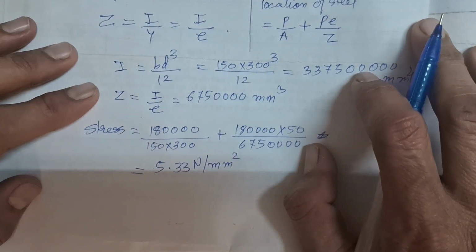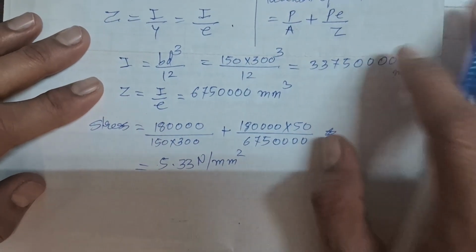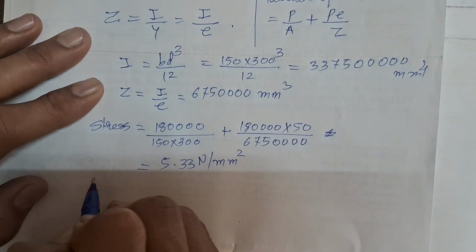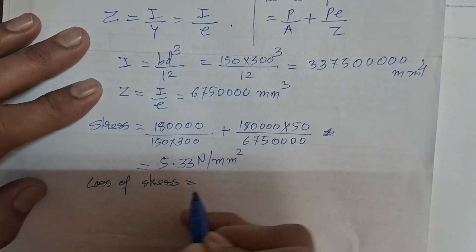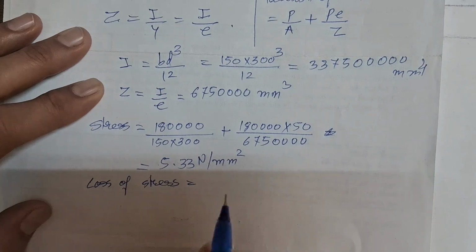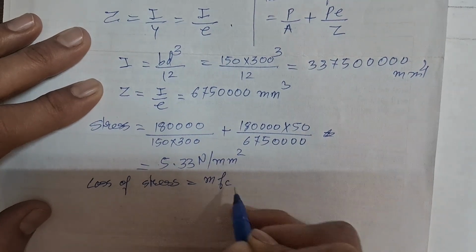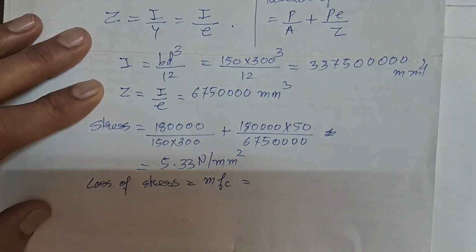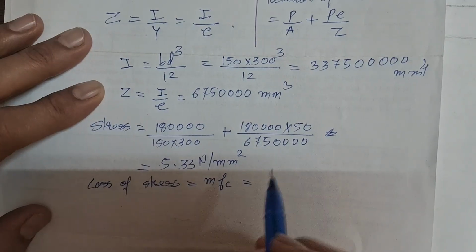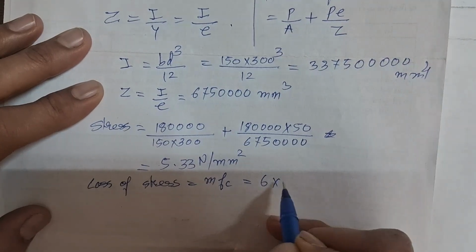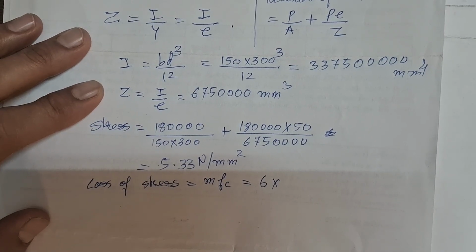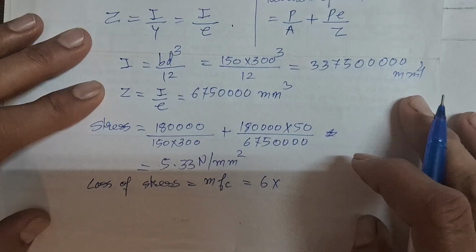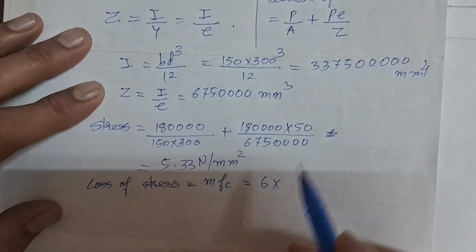Now the loss of stress. The formula for loss of stress is m into fc. m is the modular ratio, which they have given as 6. Modular ratio is basically the ratio of the Young's modulus of steel upon the Young's modulus of concrete, Es upon Ec.